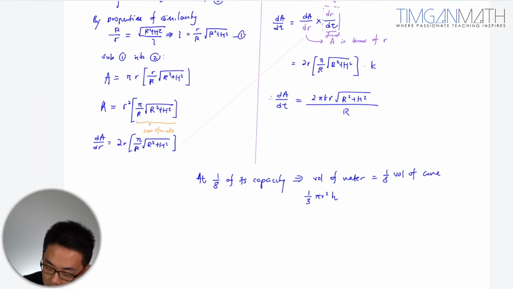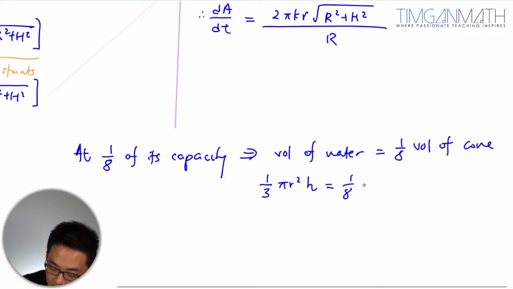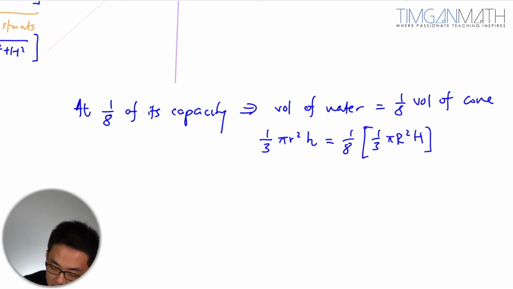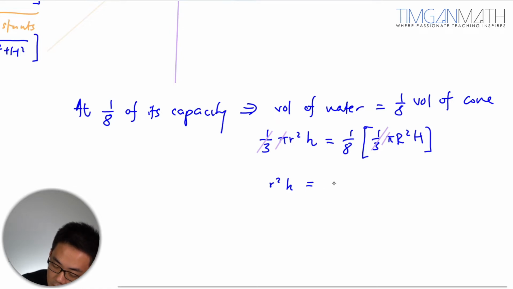Then 1/8 of the big 1/3 pi capital R squared H. Okay, so if you were to cancel this out, cancel. So I'm just gonna write r squared h is equal to R squared H over 8.